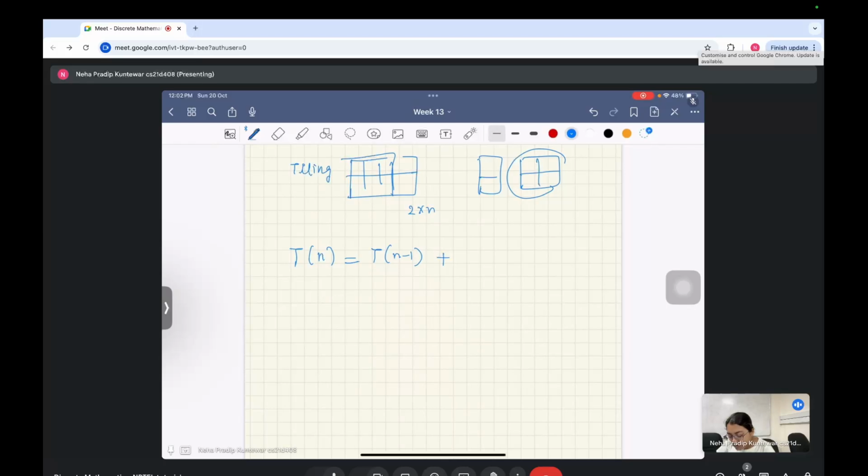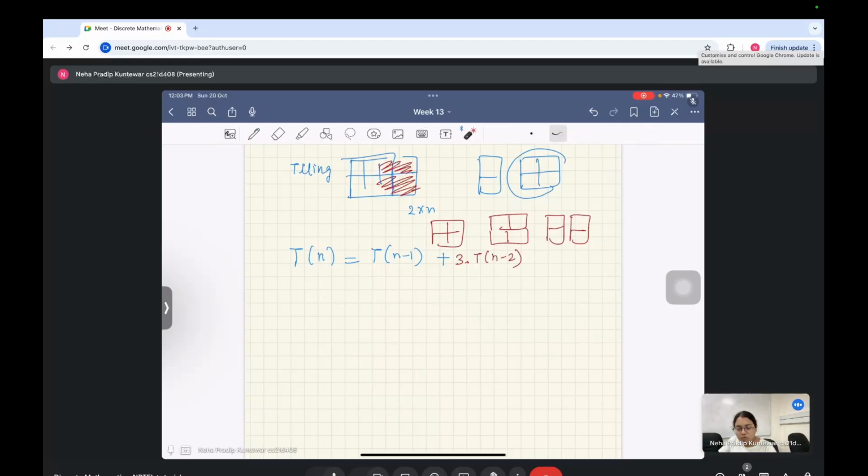Or I could cover these 4 cells by putting one square tile here, or by putting these tiles horizontally like this, or side by side vertically like this. So there are three ways in which I can cover these 4 cells using a combination of these tiles, and it reduces the problem to a 2 cross n minus 2 board, and therefore it's sufficient to solve it for T of n minus 2.